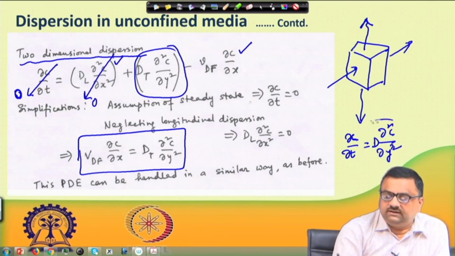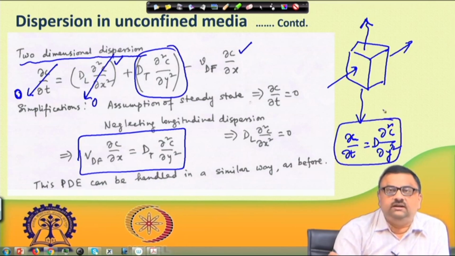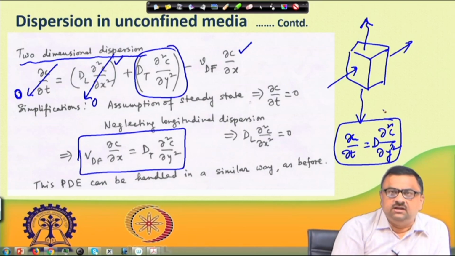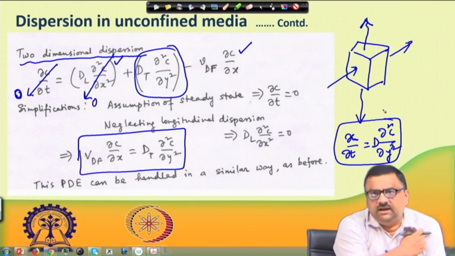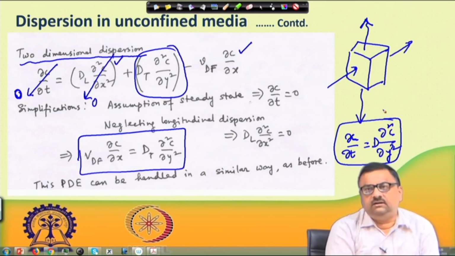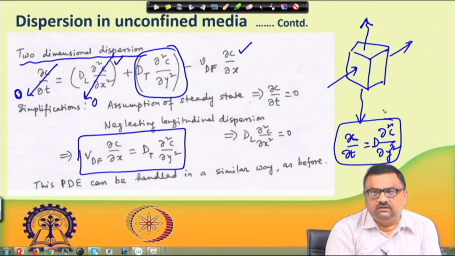Instead of that, this is now the equation. So, how to solve this kind of equation? Generally the solution would be in error function terms, with the right boundary conditions, an approach we have already discussed. This is another way to handle things analytically without complicating, because if you bring in longitudinal dispersion, there may be an analytical solution available, but most likely one has to resort to a numerical solution.